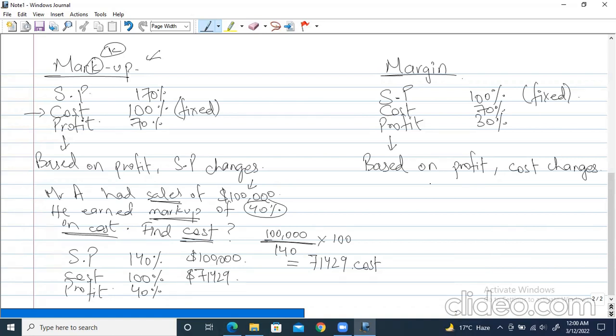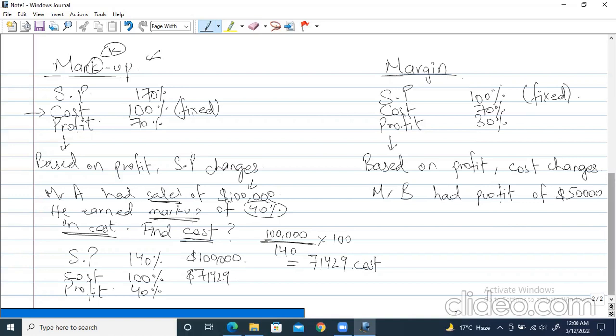Clear? Okay, now let's take an example of margin as well. Let's say Mr. B had, I'm just twisting things a little bit here, making it like a test, a profit of $50,000.